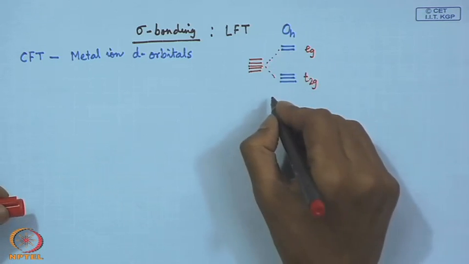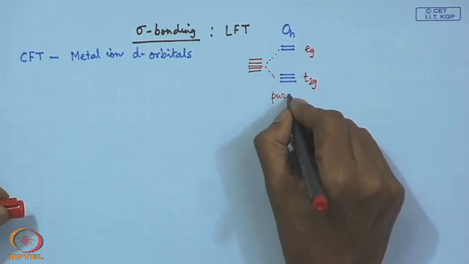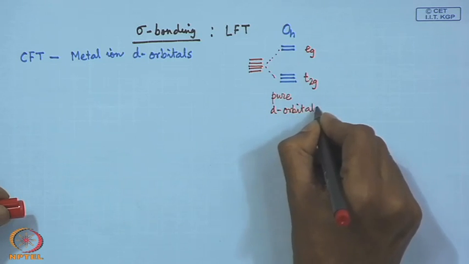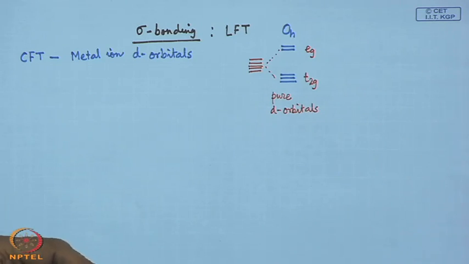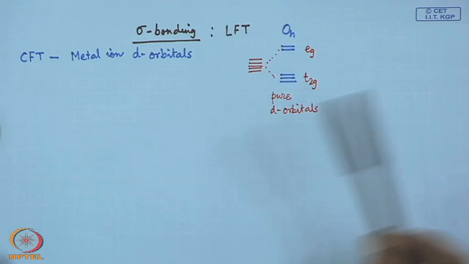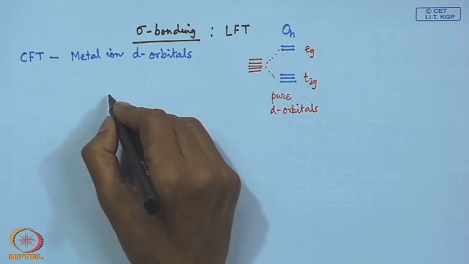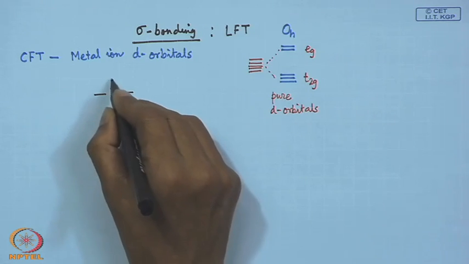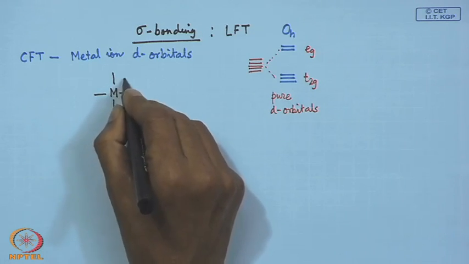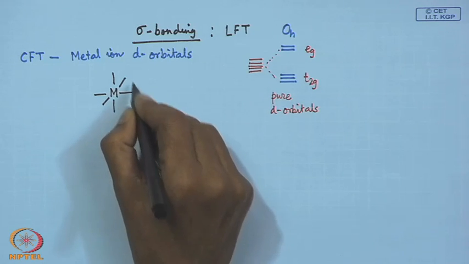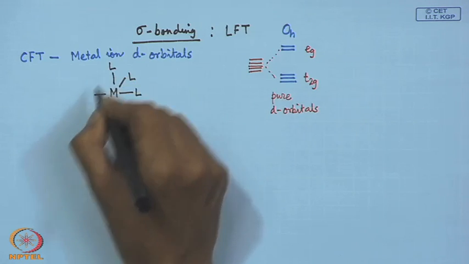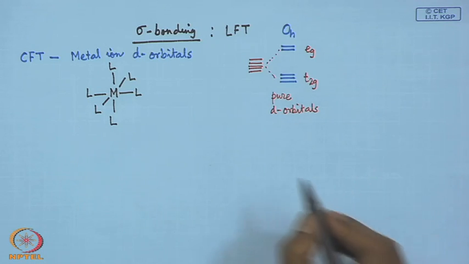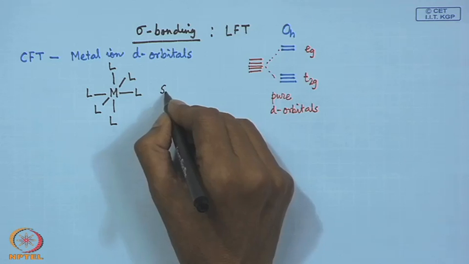But these were our pure d orbitals of the different metal ions which are engaged in bonding with our ligand systems. So, if we have one central metal ion interacting with 6 ligands in octahedral geometry, we have a spherically symmetric geometry.